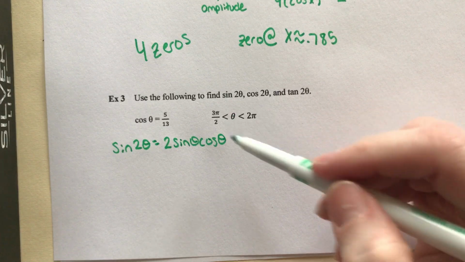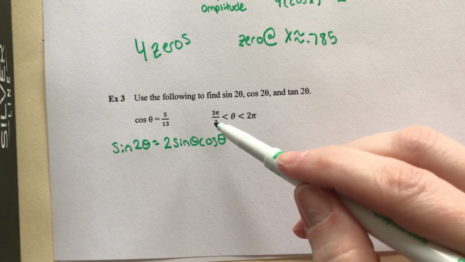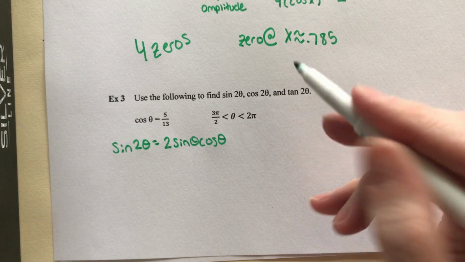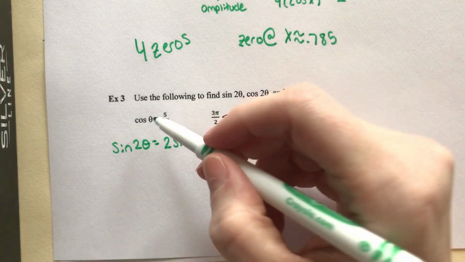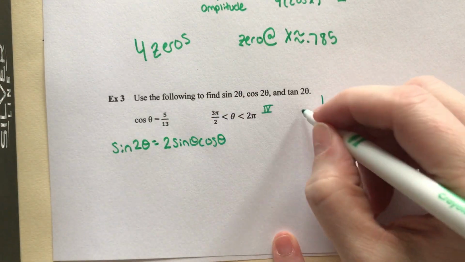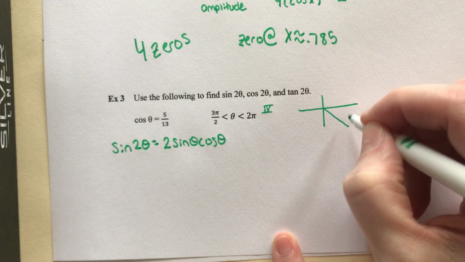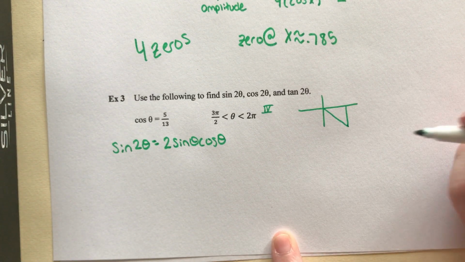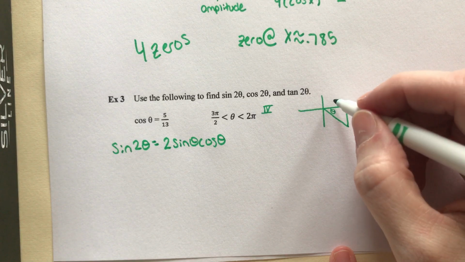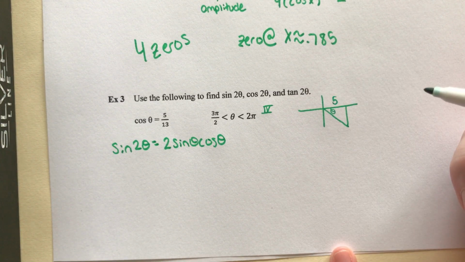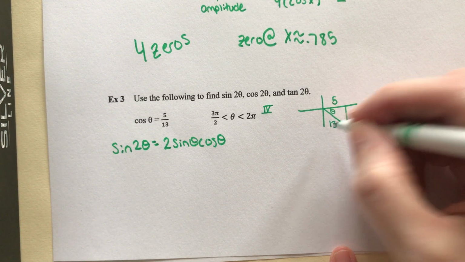They also give us a range of values, 3 pi over 2 to 2 pi, which means I'm in the 4th quadrant. So if I know cosine, I'm going to sketch a little diagram here, draw a triangle in the 4th quadrant, and I know 2 sides of that triangle. I know adjacent, and I know the hypotenuse.